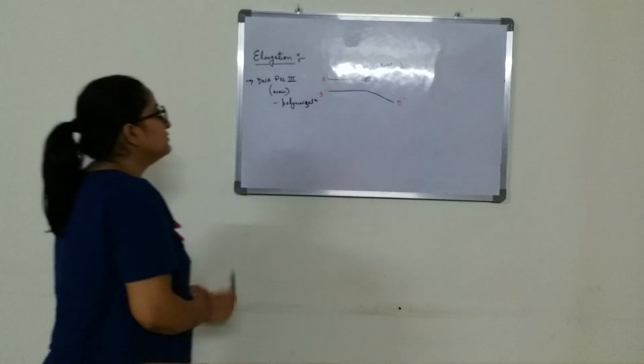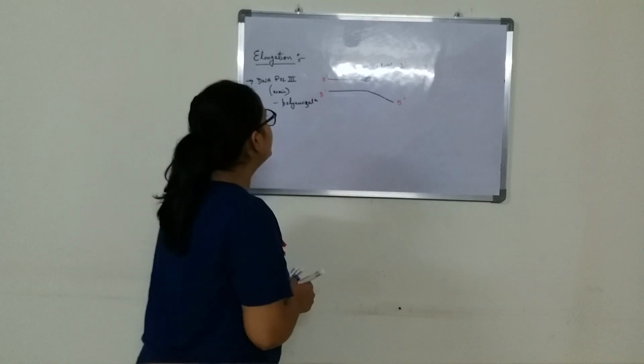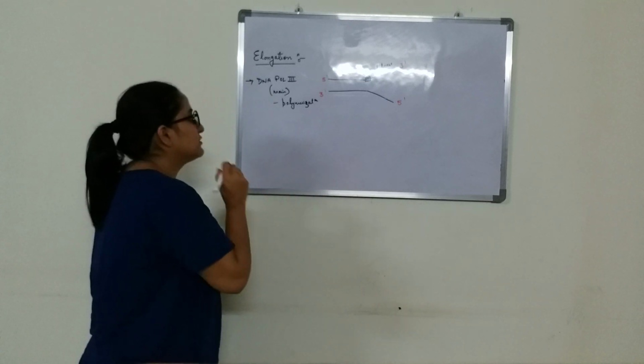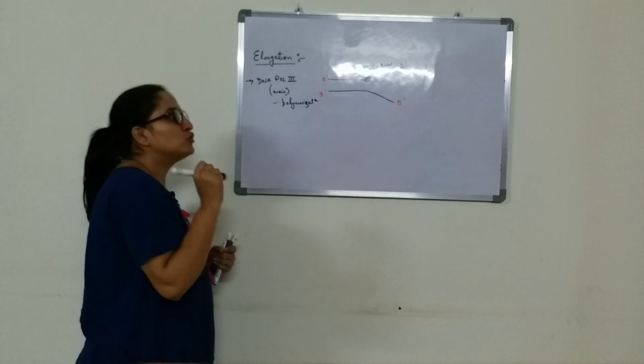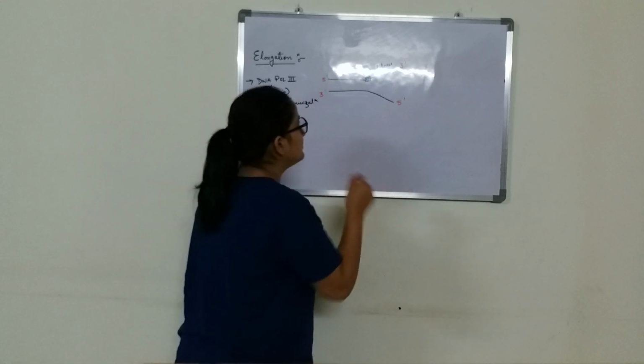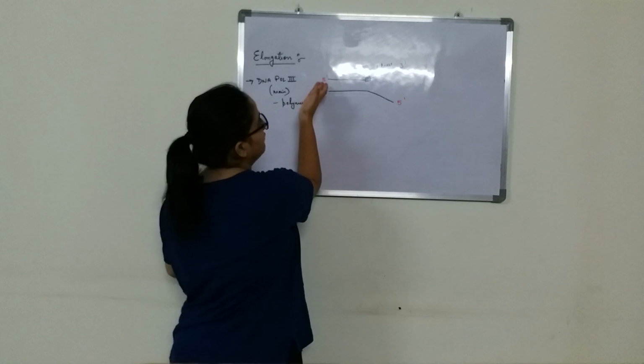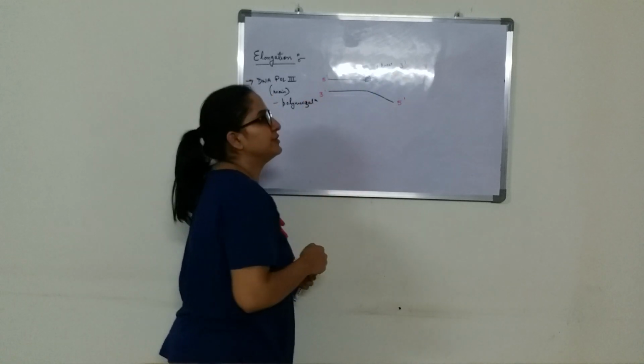All right. So a DNA polymerase has a problem that it only acts from 5' to 3' end. That means it will only run from 5' to 3' direction.